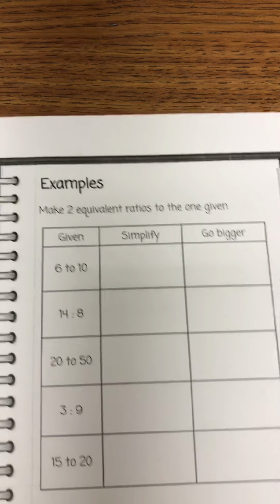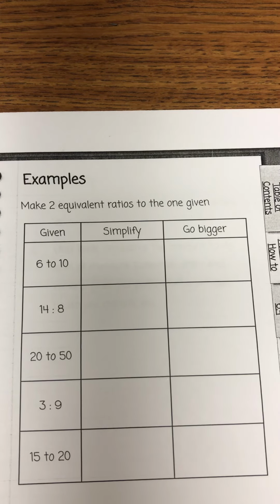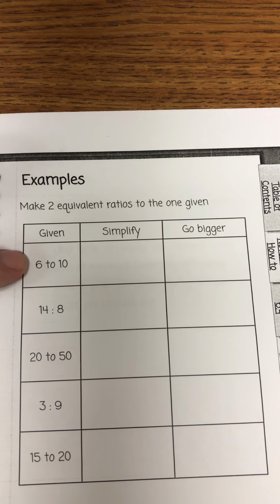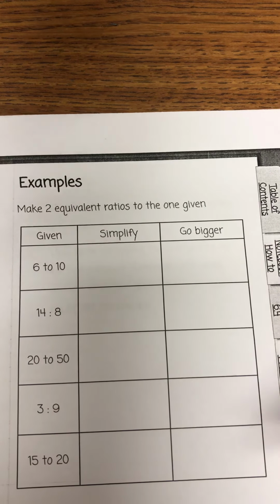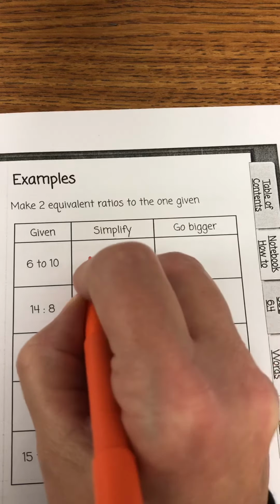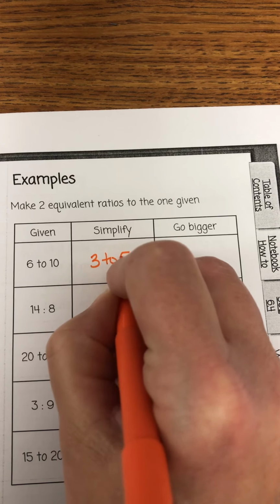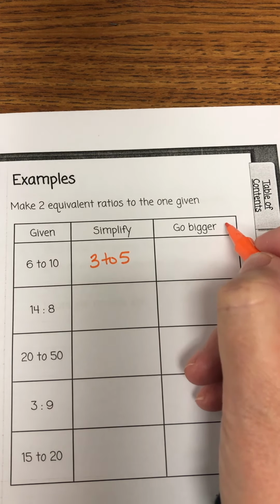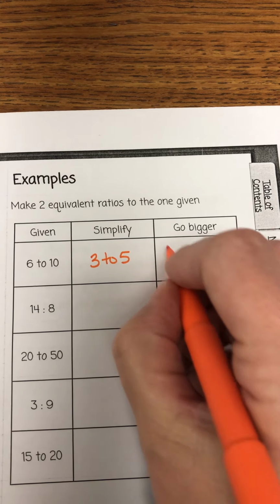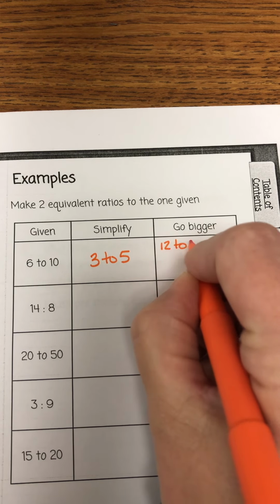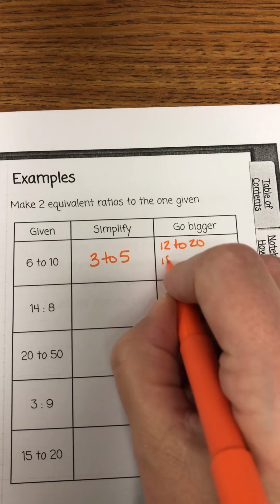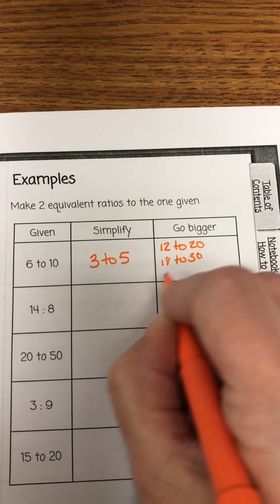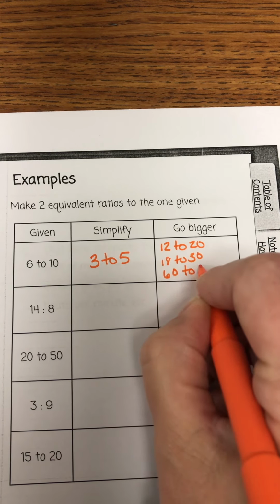Alrighty, so let's look at our chart. They've given us a ratio here, and we want to simplify it. Remember, simplify is also known as lowest terms. So that's 3 to 5. And then for equivalents, we can sometimes go bigger. For example, 12 to 20, 18 to 30, 60 to 100.